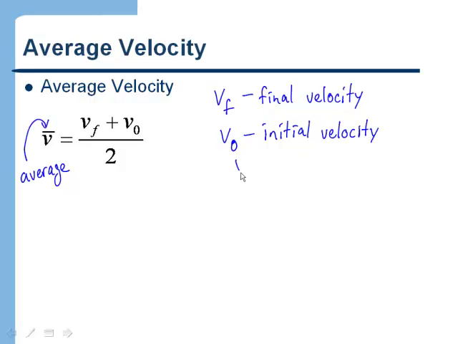And you'll notice that I called that naught. That's how we pronounce that. So that 0, which stands for initial velocity, we call naught. Okay? So to find the average velocity, I take the final velocity, V final, add the initial velocity, V naught, and divide by 2.